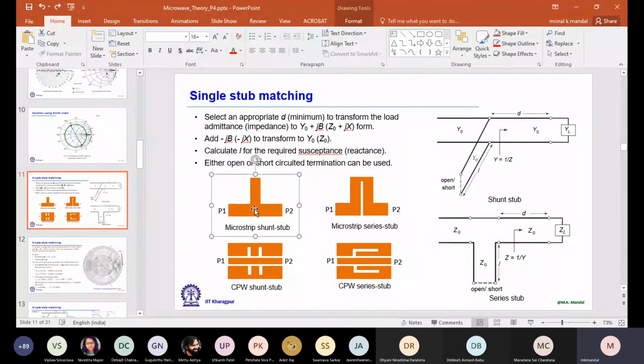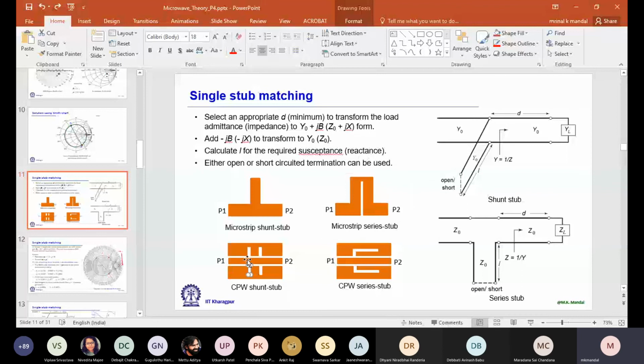So obviously it is coming in parallel at this point as shown in this figure here. But for the second problem, if I separate this U section, then it's a 2-port problem, which comes in between this section. Then this stub is represented by a 2-port network, which is coming between point 1 and point 2, and it is in series.